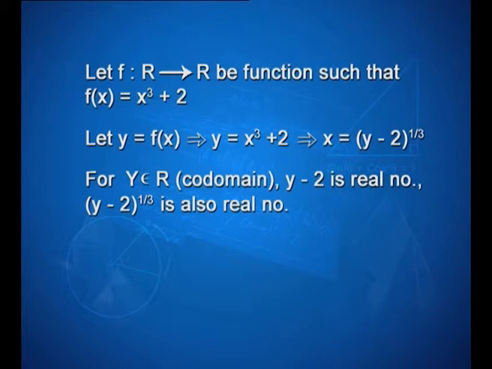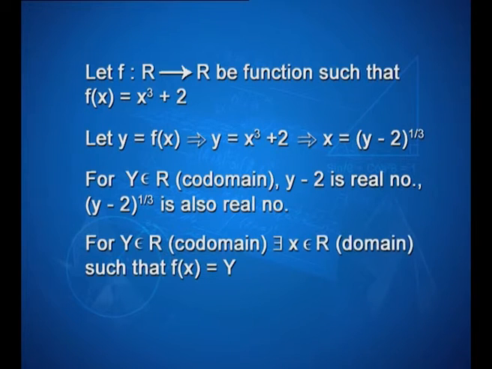For y belongs to R, which is codomain, y minus 2 is also a real number. It also belongs to R. (y minus 2) to the power 1 by 3 is also a real number. Therefore, for y belongs to codomain real numbers, there exists x belongs to domain real numbers such that f(x) equal to y. Therefore, f is onto function.